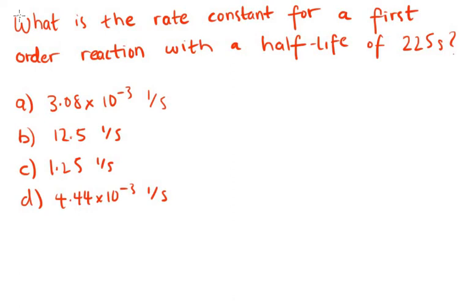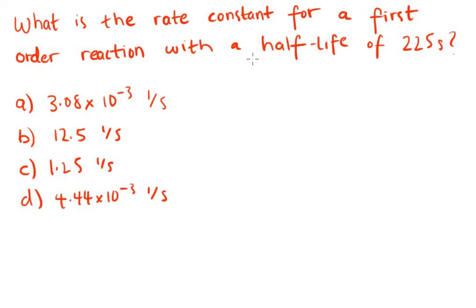So in this next question, it asks, what is the rate constant for a first order reaction with the half-life of 225 seconds? It's a tip I'd like to say for these types of questions, knowing what to do when.